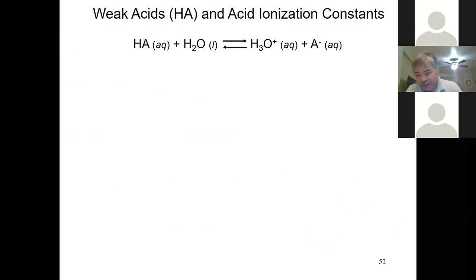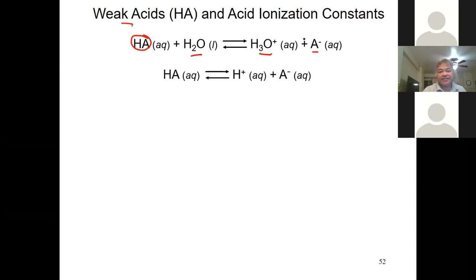So, the way that we do it is we use equilibria. Okay? So, HA is, let's say, the general term for the weak acid. So, when we put it in water, it dissociates to give you H3O plus and A minus, or we can simplify it. Let's say HA dissociating to H plus and A minus.